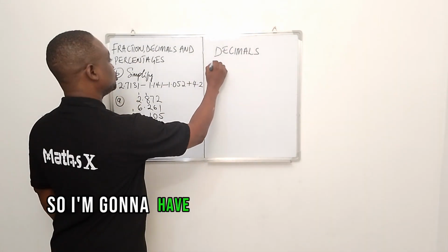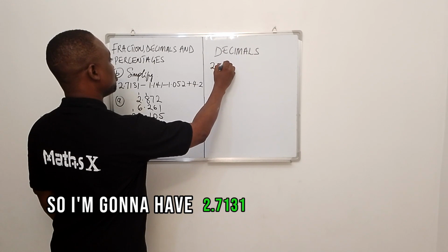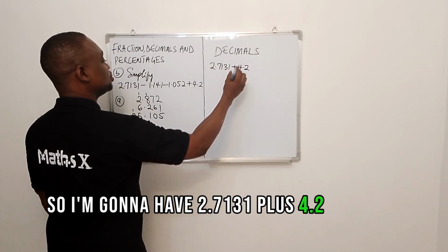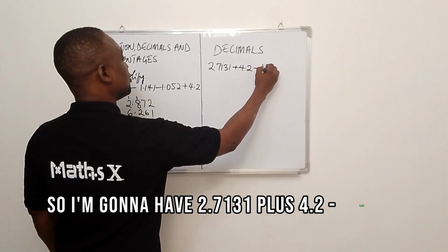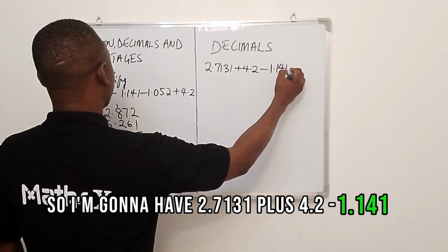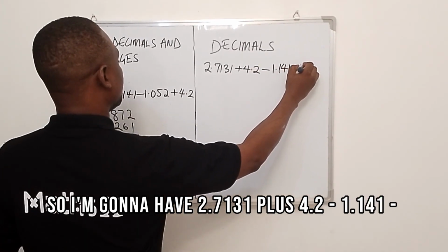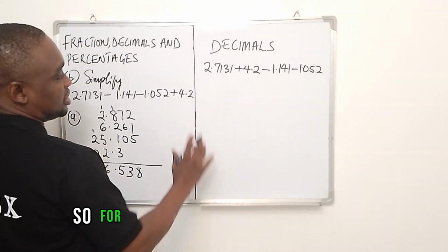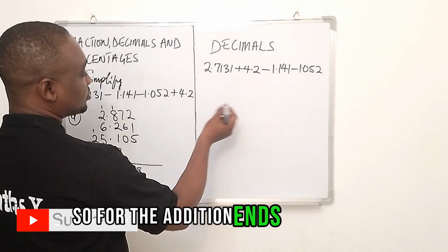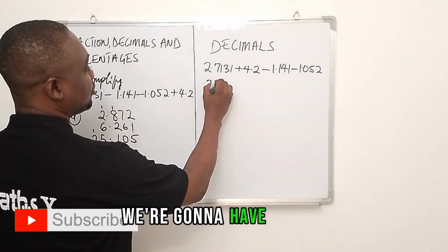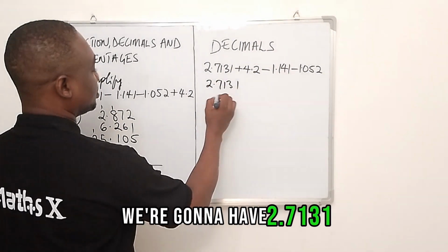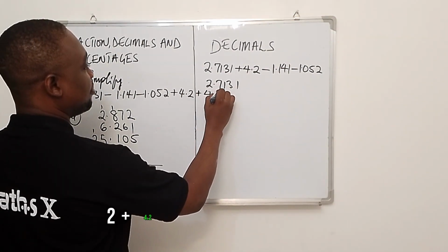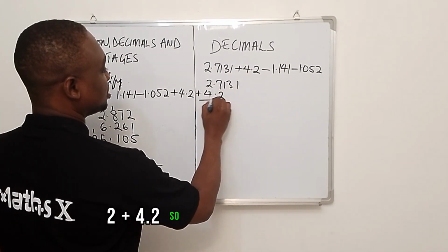So I'm going to have 2.7131 plus 4.2 minus 1.141 minus 1.052. So for the addition ends, to be clear, we're going to have 2.7131 plus 4.2.